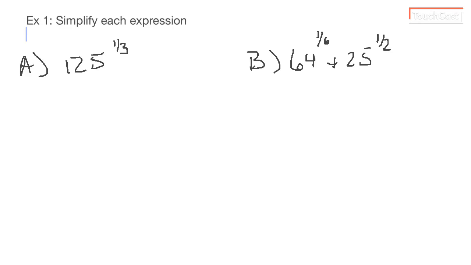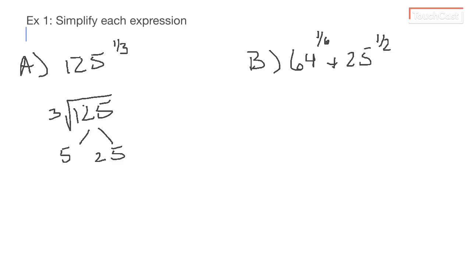So first let's take care of A. We have 125 to the 1/3 power. We can rewrite that as the cube root of 125. Now we can break this up, ask ourselves what times what makes 125. We can say 5 times 25.